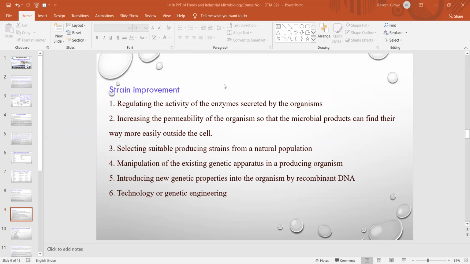Then manipulation of the existing genetic apparatus in the producing organism. Thereafter, introducing new genetic properties into the organism by recombinant DNA technology of genetic engineering. These things are very important for improving a strain which you are going to use for achieving a certain type of bioprocess method.